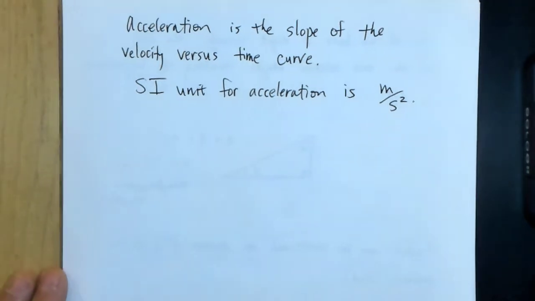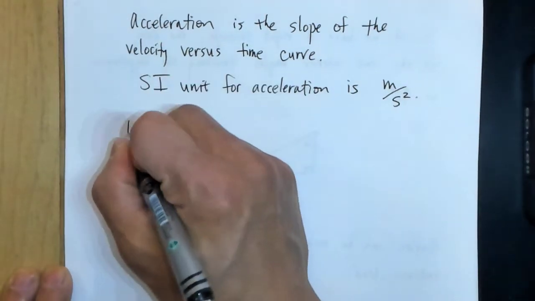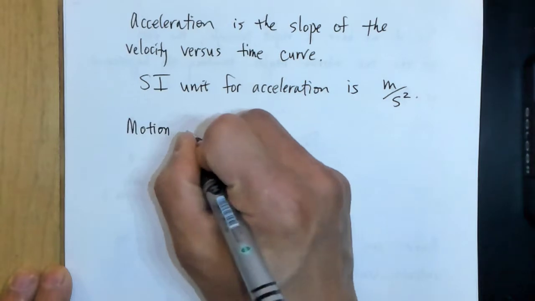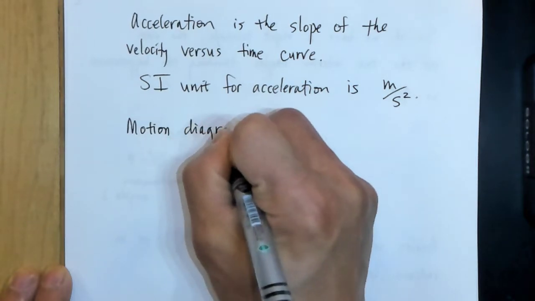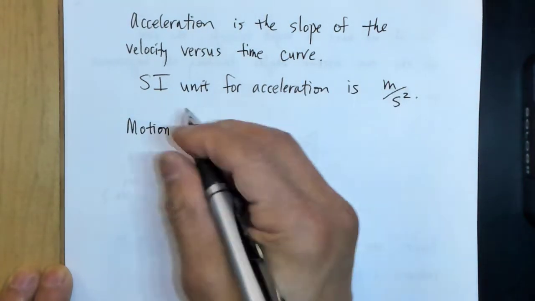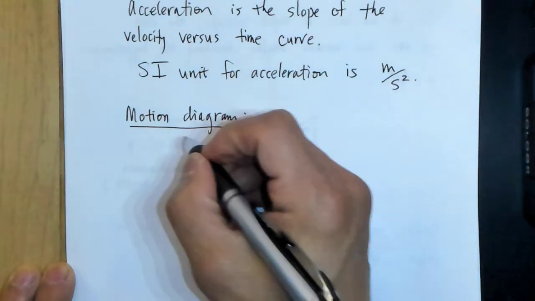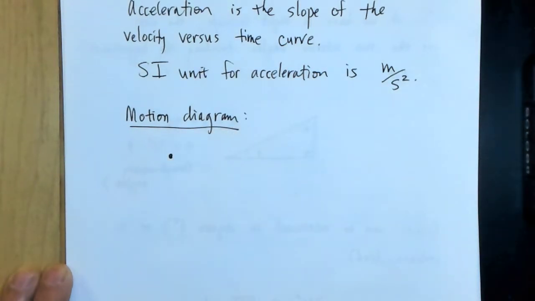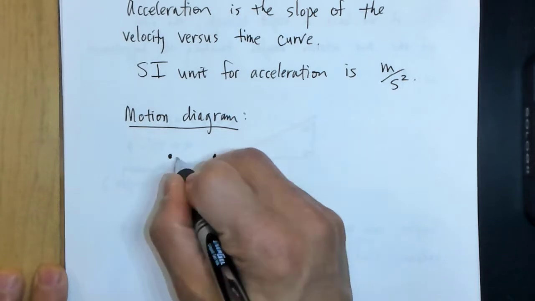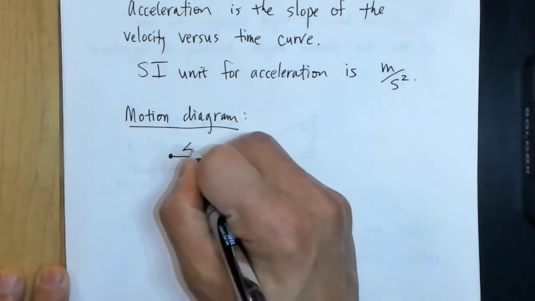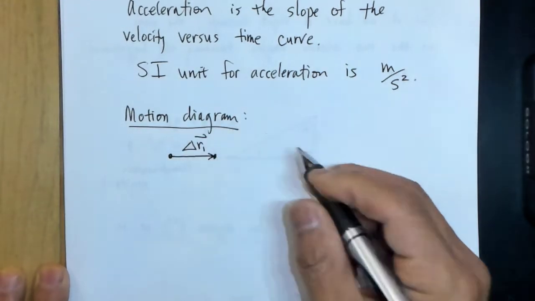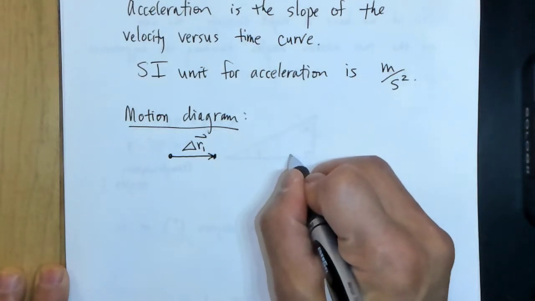Let's take a snapshot of these. Let's say we have a motion diagram like this. Let's take it as a little particle, and we have delta R1, and then let's suppose it goes to here.